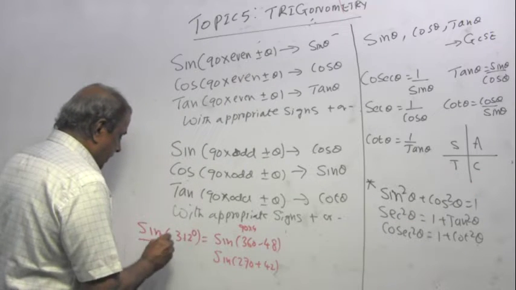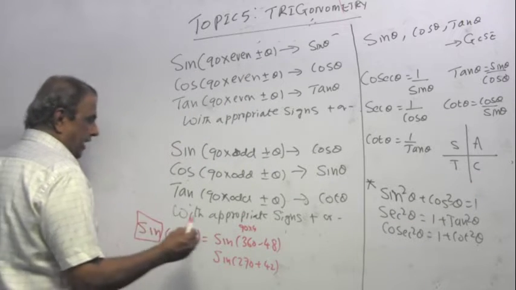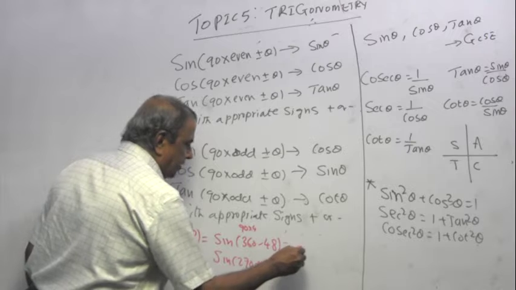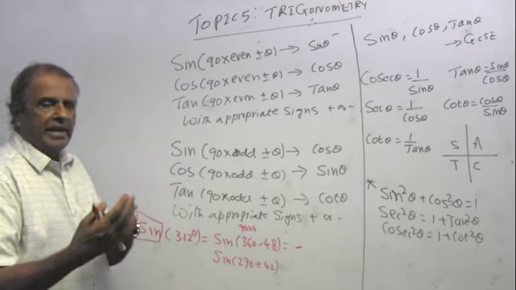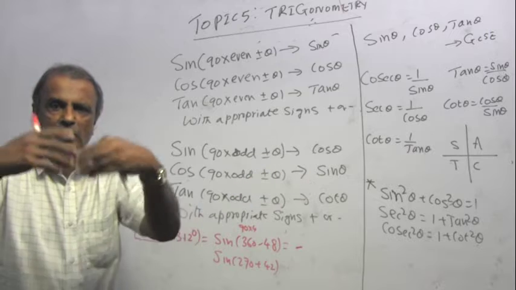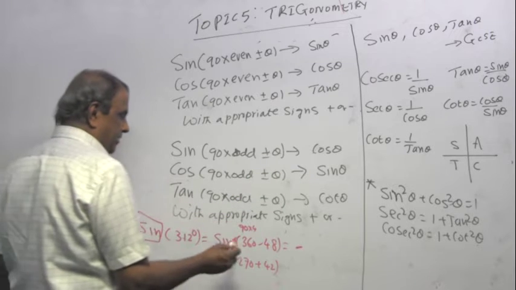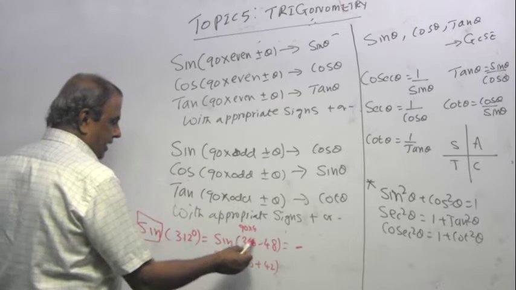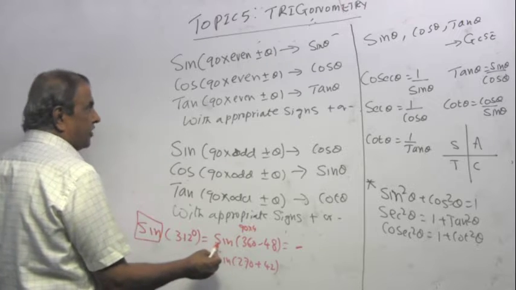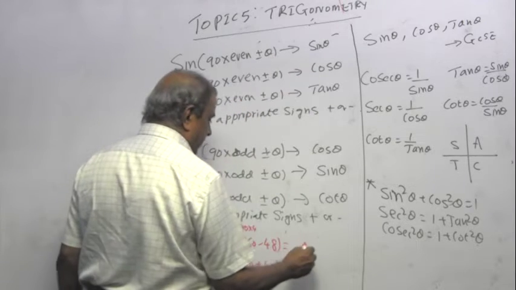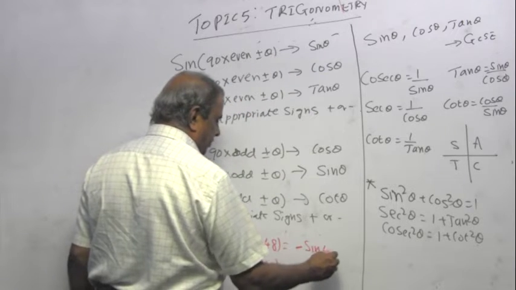The ratio you're finding is sine, so it's going to be negative. Once you do that, you've already done the quadrant, so you're not bothered. Next, if it is an even multiple of 90, sine will remain sine. So it is minus sine 48.